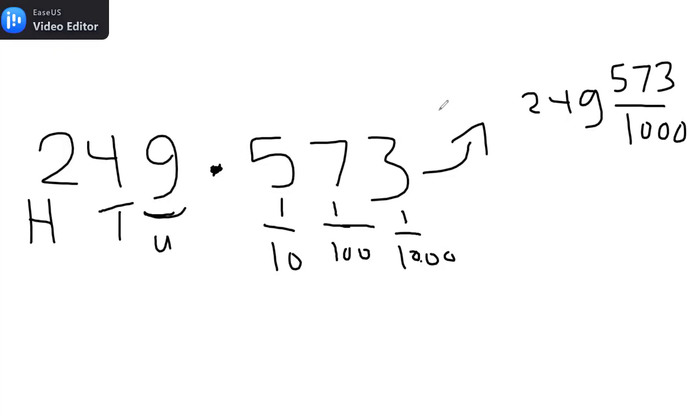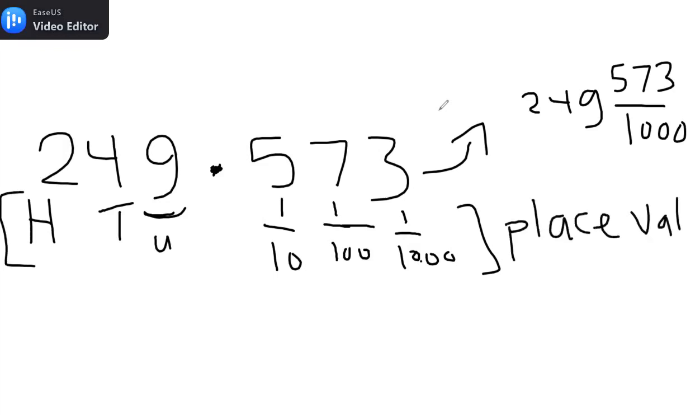And now what about the values? These are the place values: hundreds, tens, units, tenths, hundredths, thousandths. But the value: this 2 equals 200. And this 4 is 40.